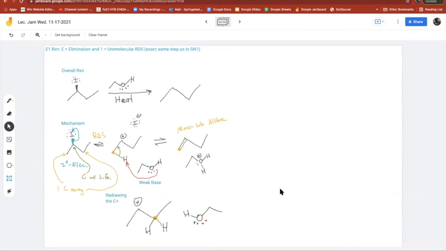And it comes over, it deprotonates 1 carbon away. That sigma bond swings over to become a pi bond. And we've got our product. And we'll actually get 2 products in this one. You get this product plus this product.